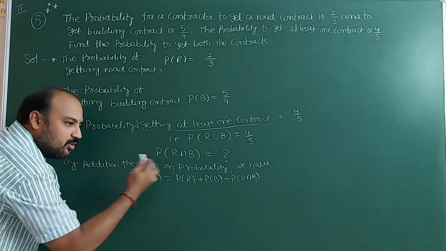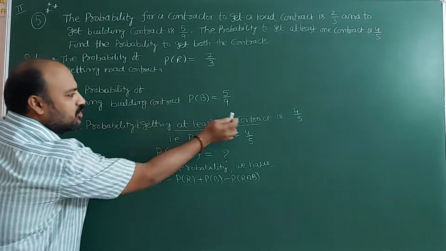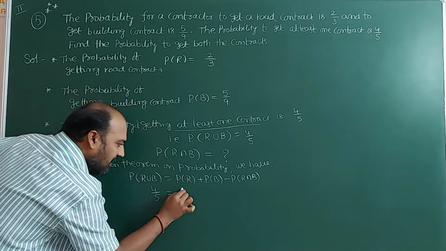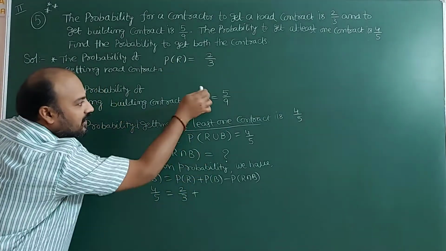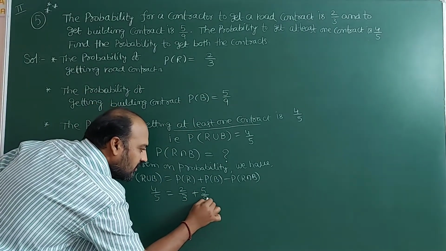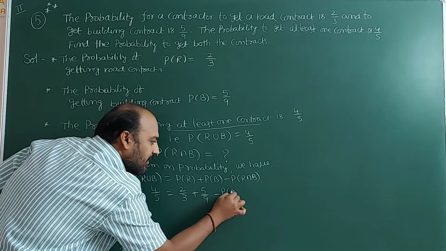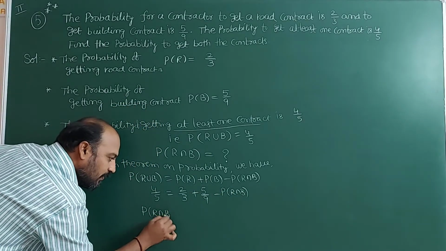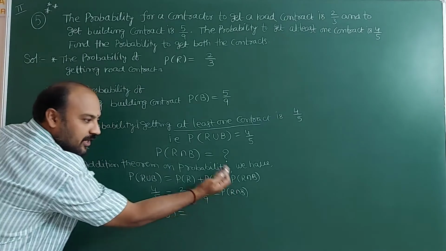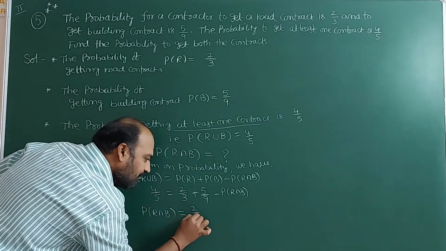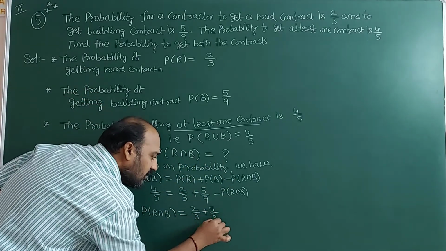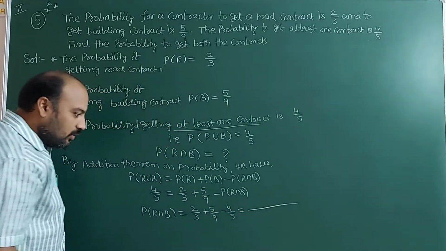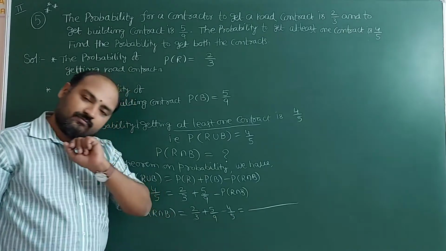So interchanging the values, or otherwise directly substituting the values: P of R union B is 4 by 5, P of R is 2 by 3, plus P of B is 5 by 9, minus P of R intersection B. So from this, P of R intersection B is equal to 2 by 3 plus 5 by 9 minus 4 by 5, which is equal to LCM of 3, 9, 5.